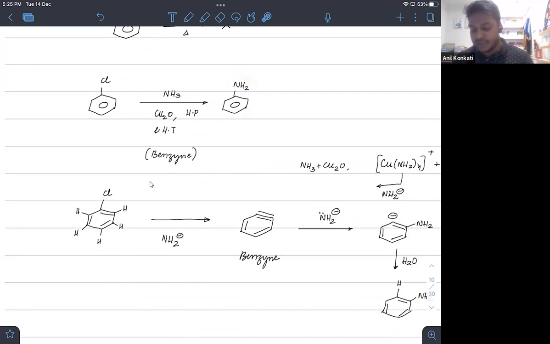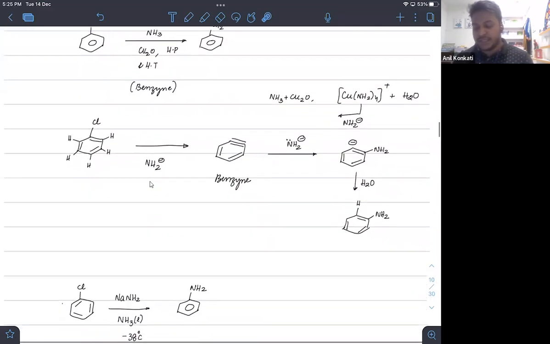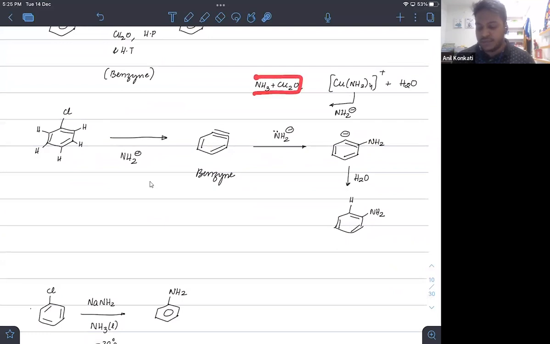Okay, otherwise, you already know how benzyne forms. See, when you react ammonia with CuO, you'll get this ion here, so with H2O, and this form, NH2 minus, would act like the base, which will extract the beta hydrogen and remove this chlorine, and that's how we will get the benzyne form.